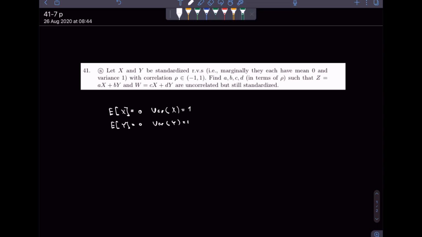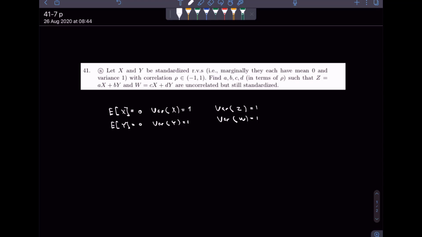Now we are also asked that the variance of Z has to be equal to 1 by stipulation. Basically, that's what we are assumed to find, and the variance of W has to also be 1, and the same goes for their expectations. Basically they have to be 0.